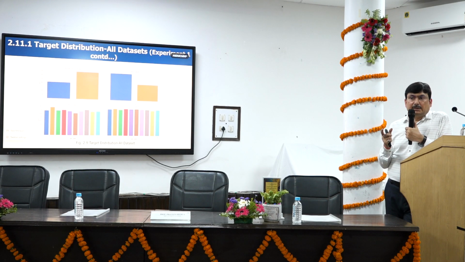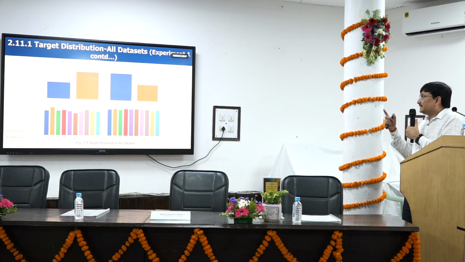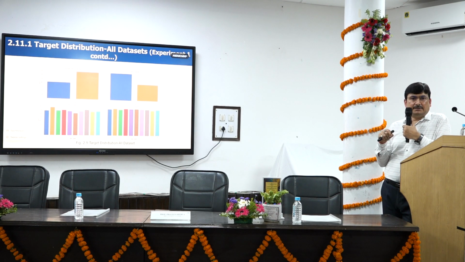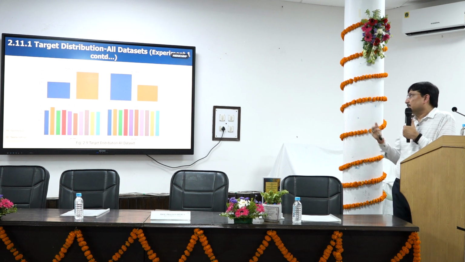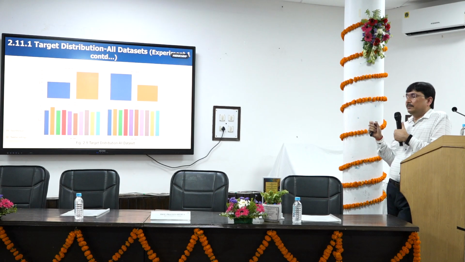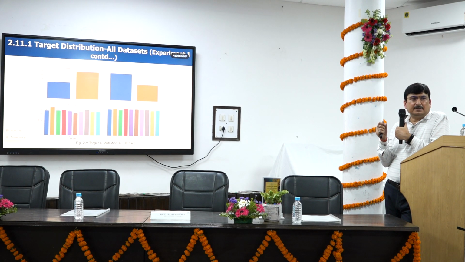Similarly, in the second case, Titanic, 549 survived and the remaining number did not survive. So this information, the target distribution, means the frequency or count of data as per the classification that you have. The third and fourth data sets, MNIST and digits, have 9 classes actually.